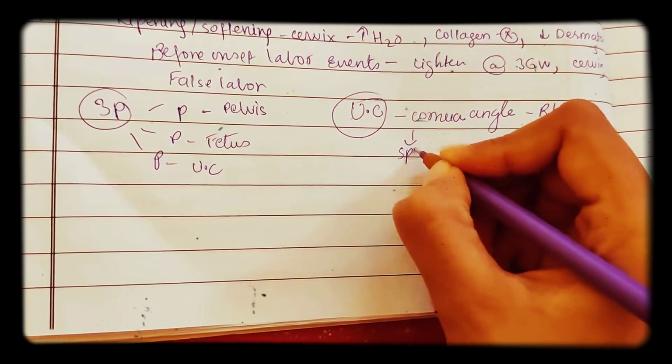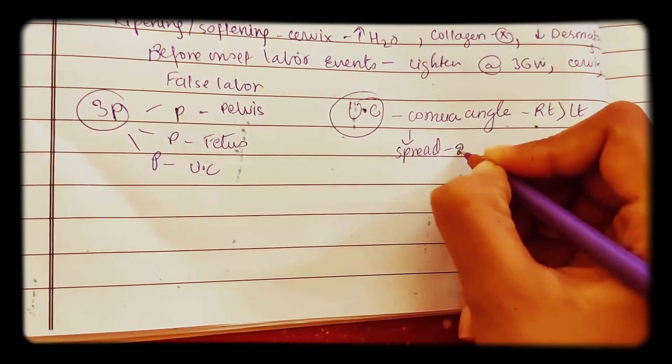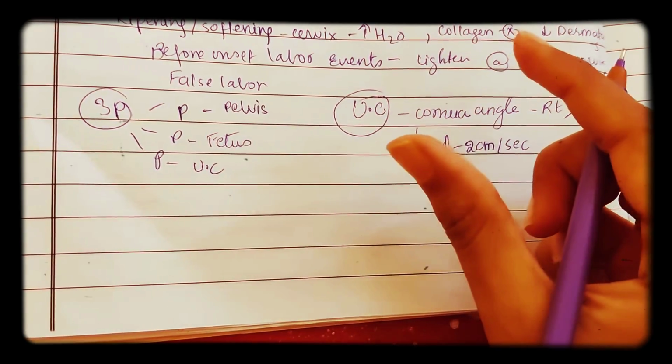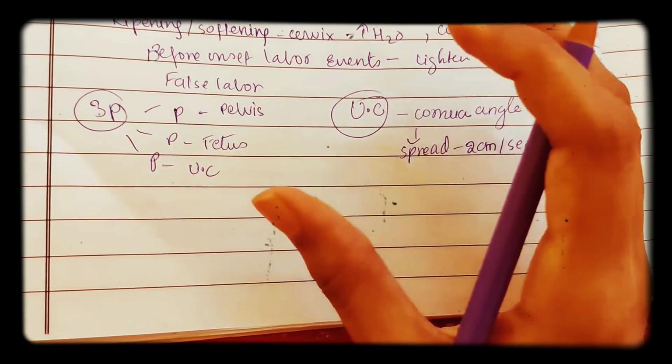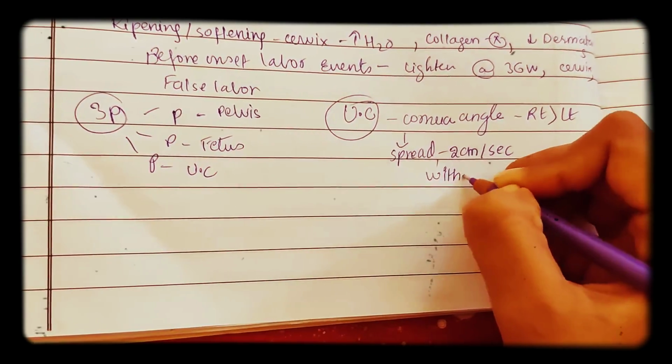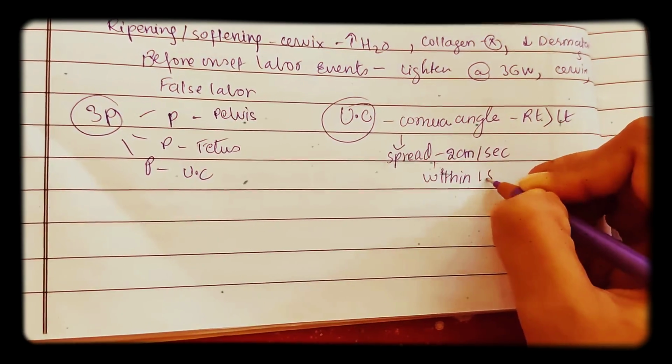It is spreading to the entire uterus at 2 centimeters per second. So per second 2 centimeters of spread is going on. The entire uterus will get depolarized within 15 seconds.